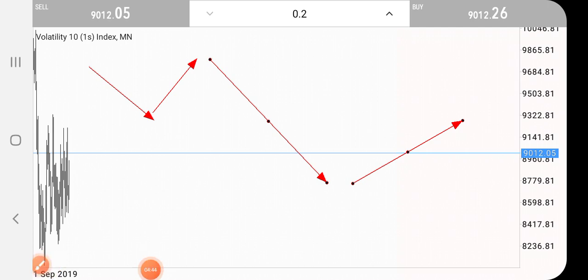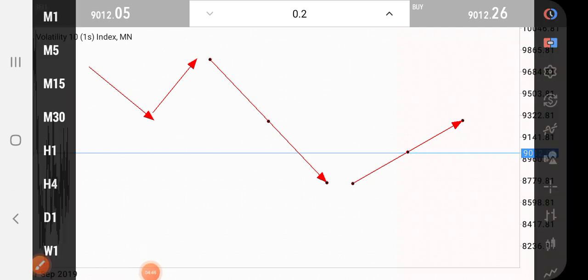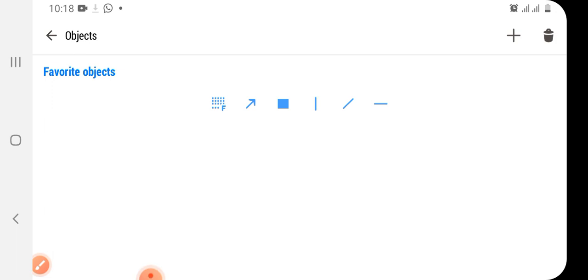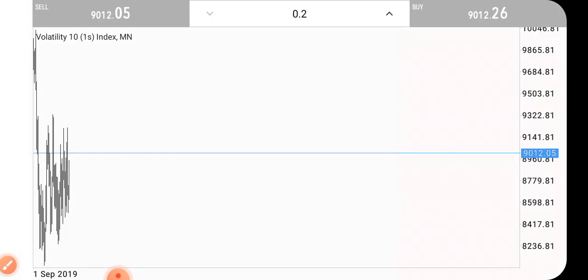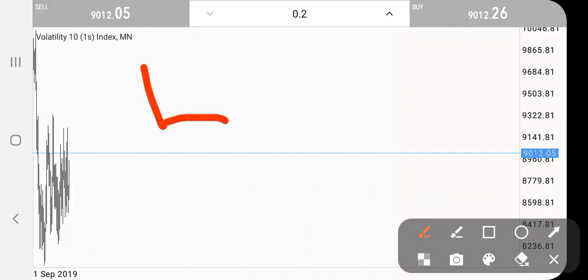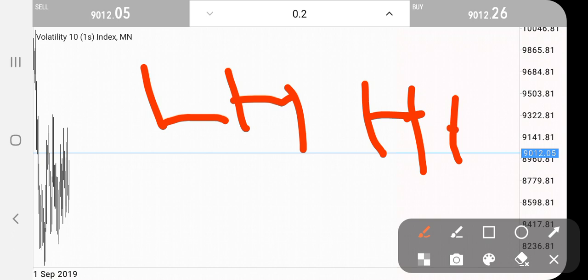Then we have an uptrend. An uptrend consists of higher lows and higher highs.